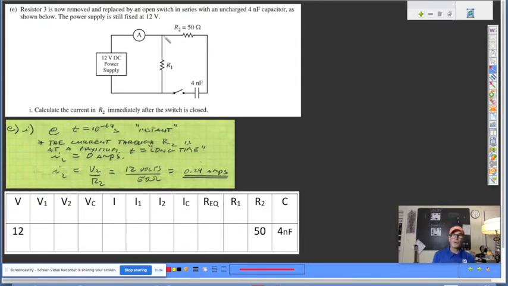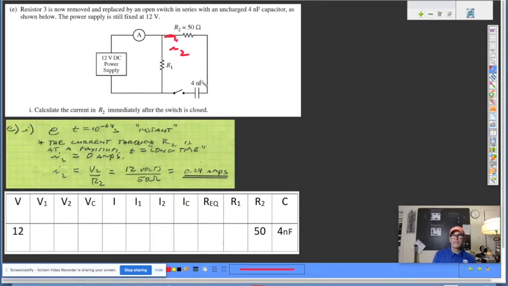Now, the current through R2 is going to be the same whether that capacitor is there or not at the instant that the switch is closed. So know that up front. The capacitor is ready and willing to accept charge. It's empty. So the inrush current through R2 is going to be a maximum.